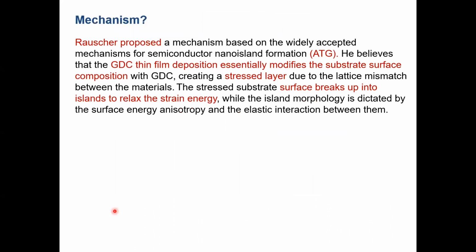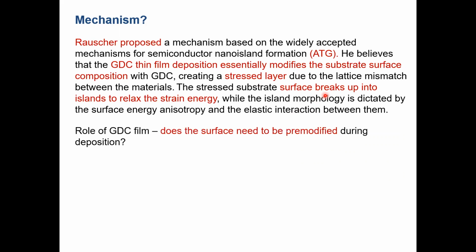Initially, my student Rauscher proposed that what we're seeing is an ATG type: the gadolinium doped ceria thin film deposition essentially modifies the substrate surface composition by solid solution, and it creates a stress layer, and that leads to surface breakup into islands to relax the strain energy.